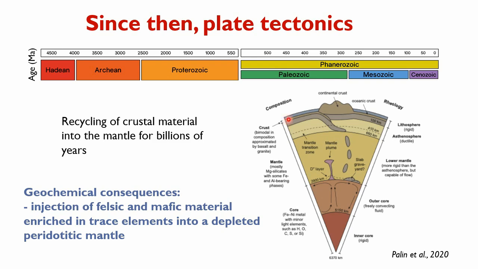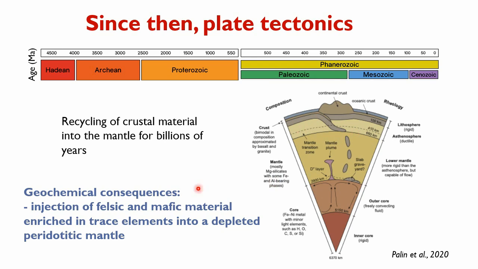So this sedimentary material will have a composition more or less equivalent to its source, but it can be modified, as we all know. And it can be the basaltic part of the oceanic crust, which is also sent back into the mantle. So also, because of plate tectonics, such material can be re-injected into the mantle.